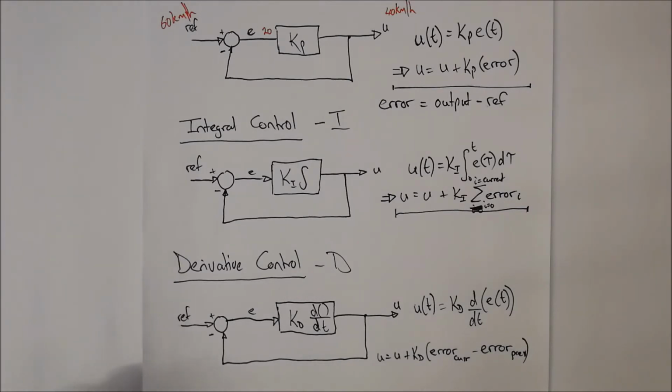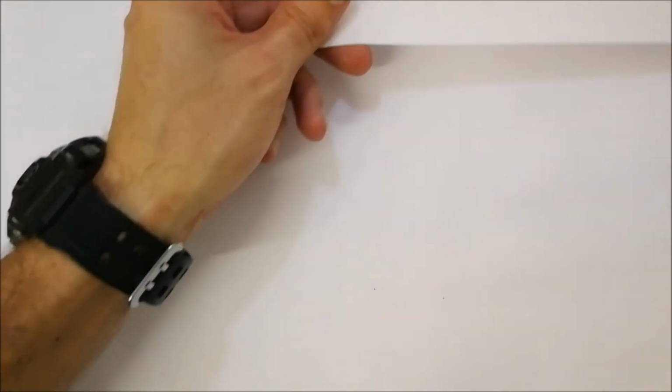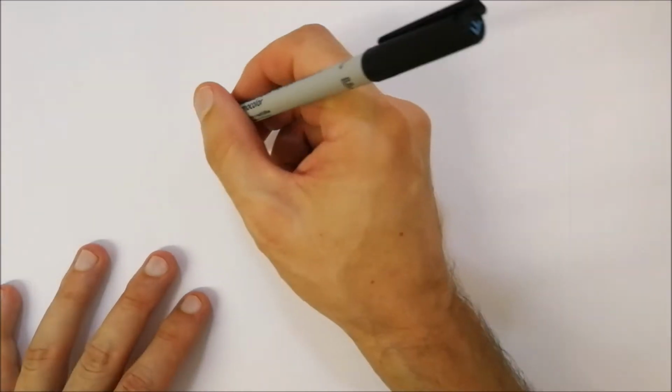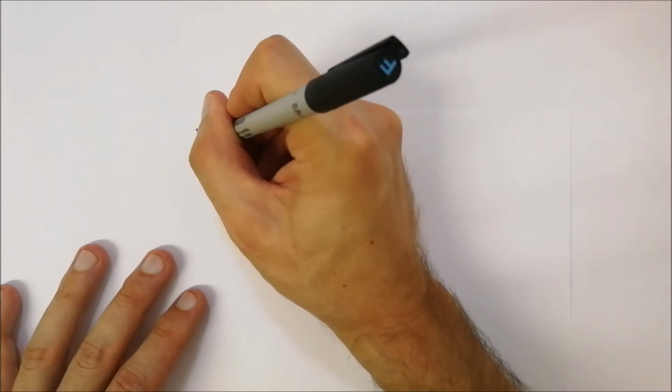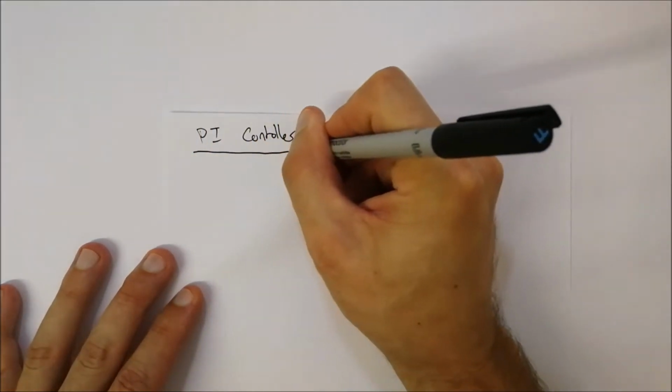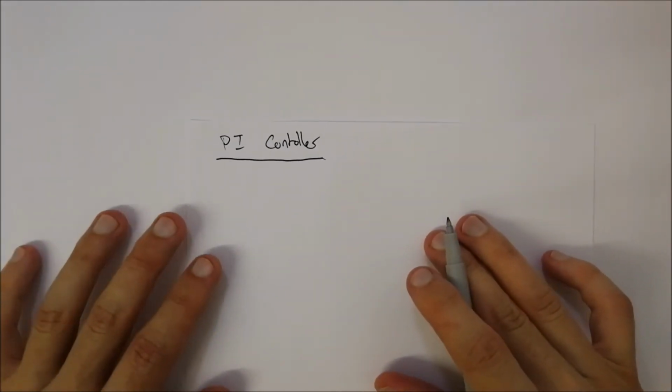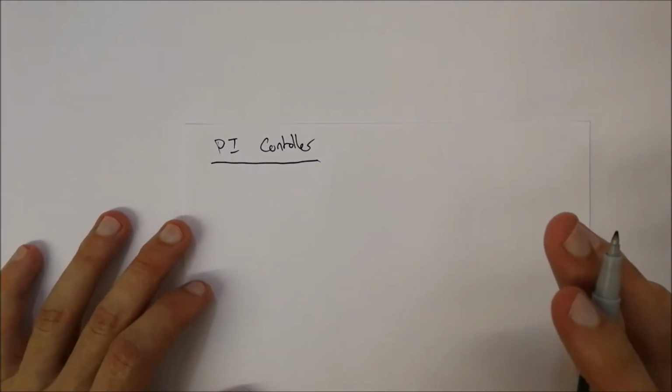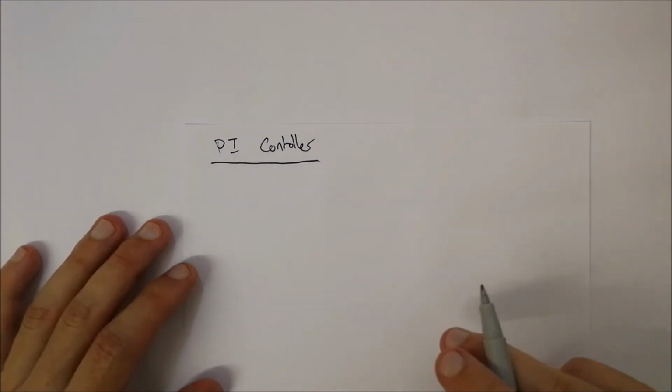Keeping this in mind in the background, there are a few other controllers based on these that you might also come across. One is the PI controller, the proportional integral controller, and essentially what it does is add the different controllers together.